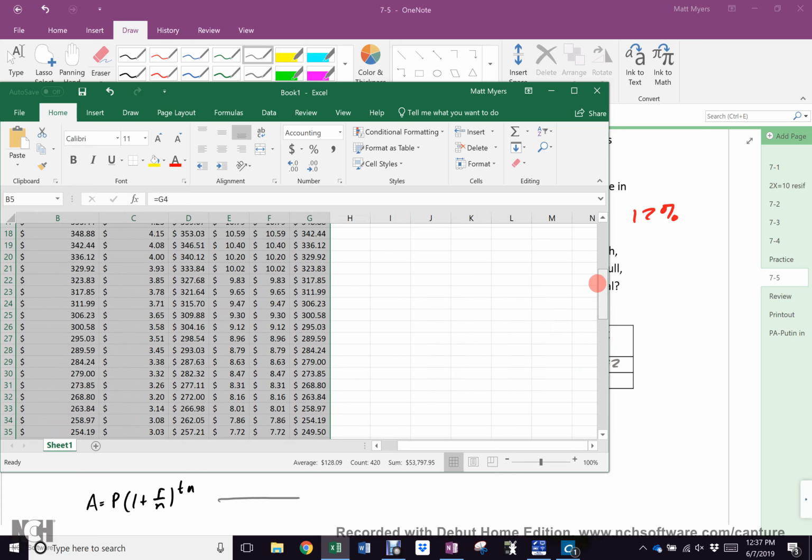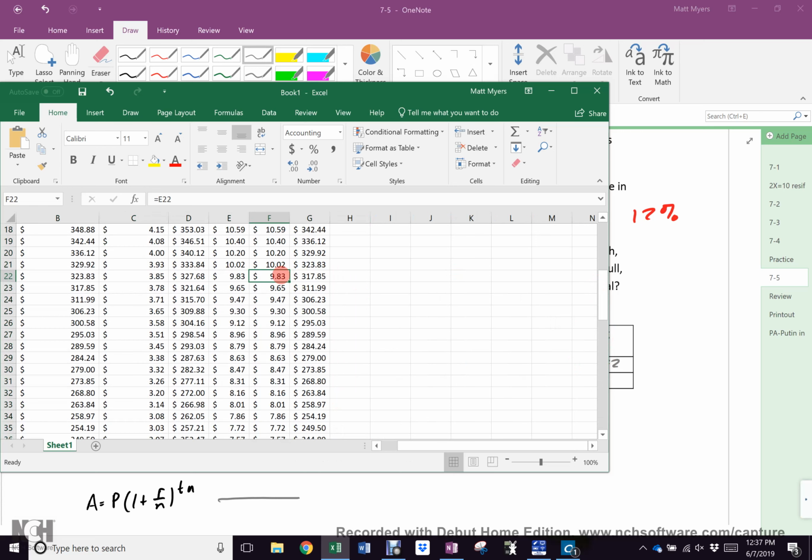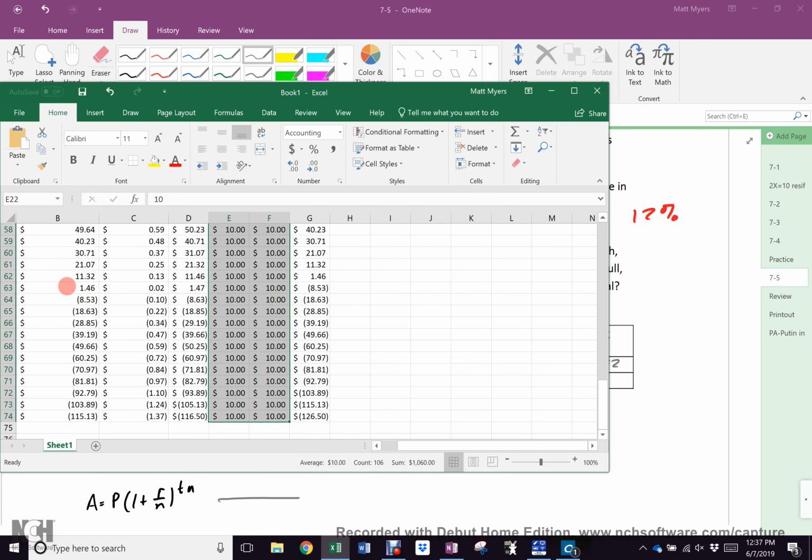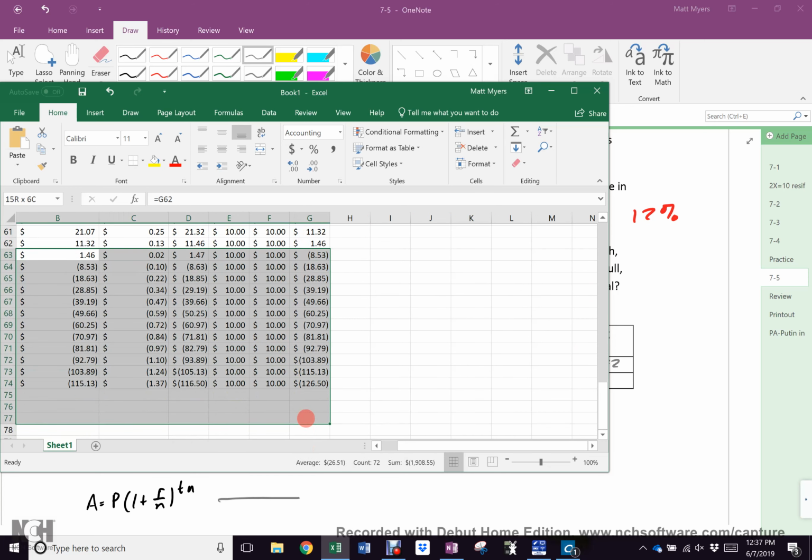Now, once we get to here, this becomes $10, doesn't it? So this becomes $10. And then these are going to fill down at $10 at a time. There is where I pay it off.